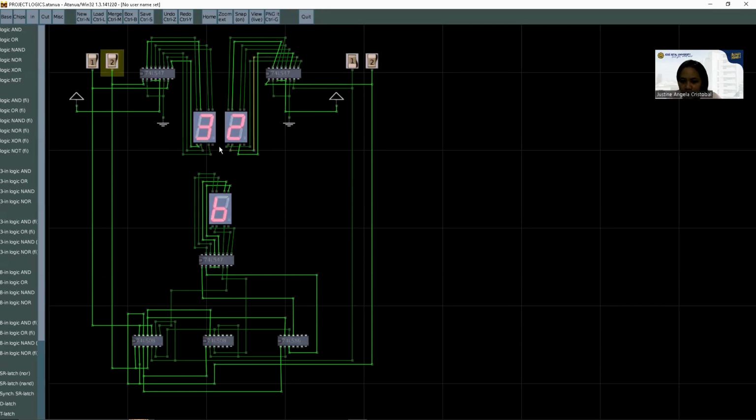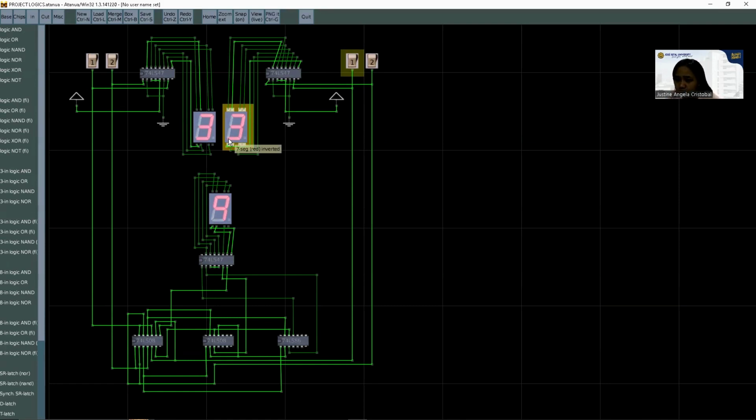So let's try another input. 3 times 3 equals 9. The two input 7-segments can only display 0 to 3, and the output can display 0 to 9, since a 7-segment can only display 0 to 9.